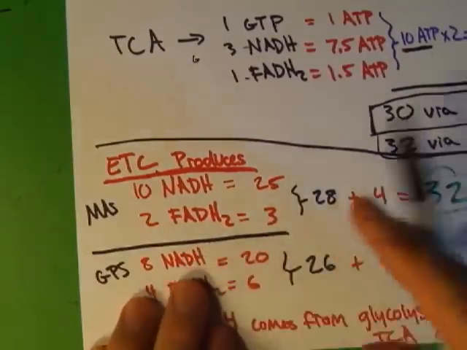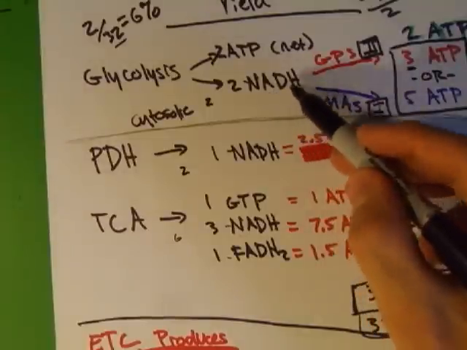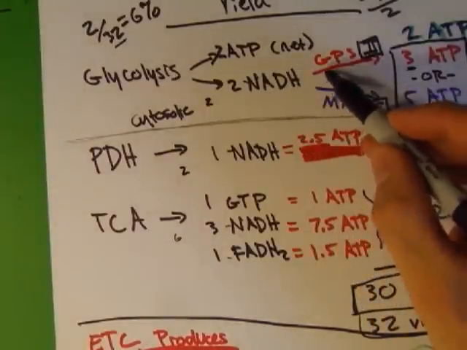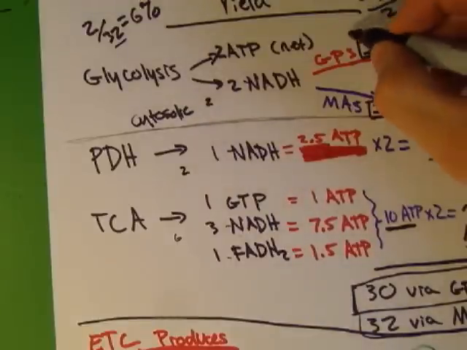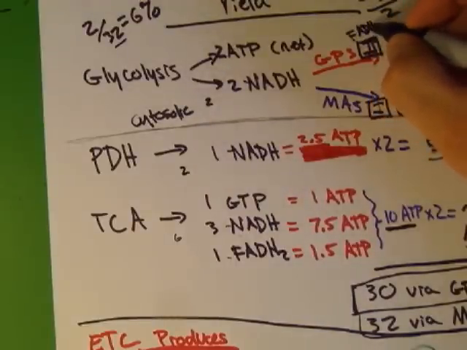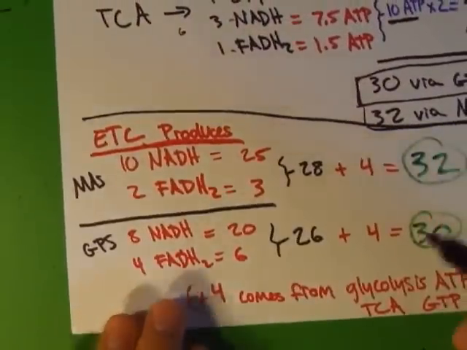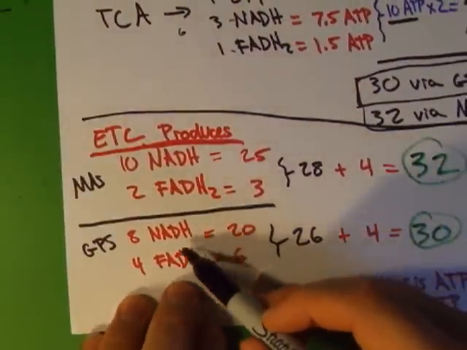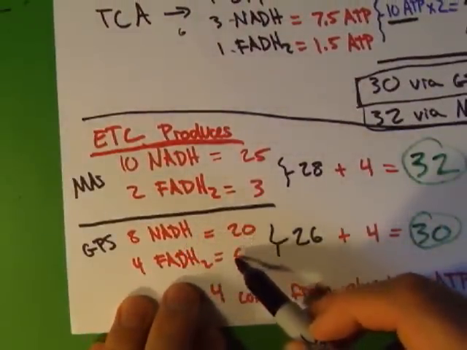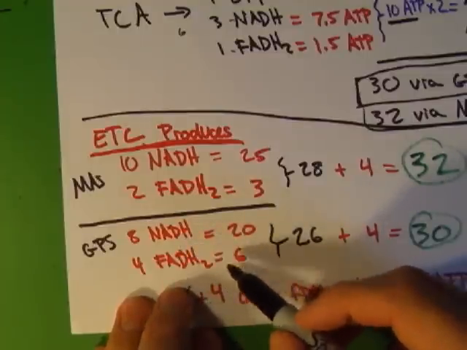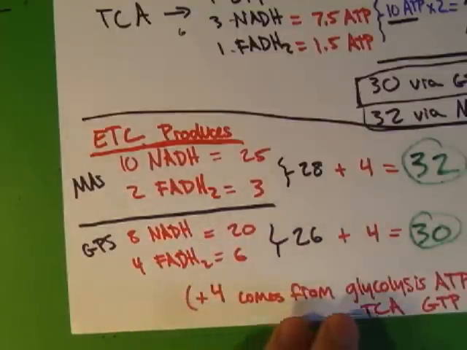If you're going through the GPS shuttle, these NADHs start functioning as FADH2 because they're entering complex 2. So that's why you would get only 20 from the NADHs and 6 ATP from the FADH2.